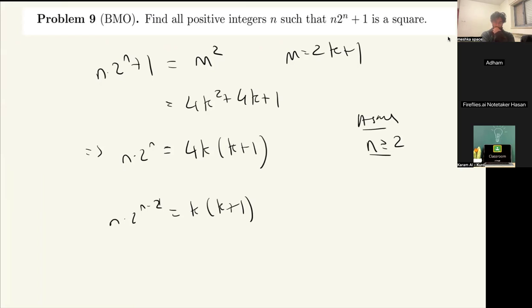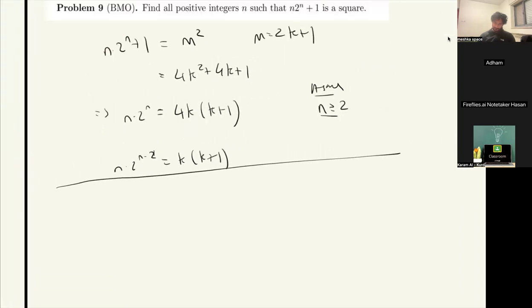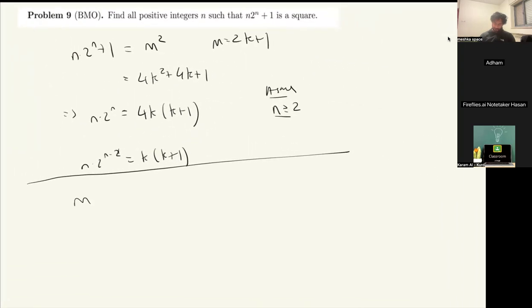I think I have another idea. It's related to bounding. We have that m is obviously odd. We have n times 2 to the n equal to m squared minus 1, which equals m minus 1 times m plus 1.